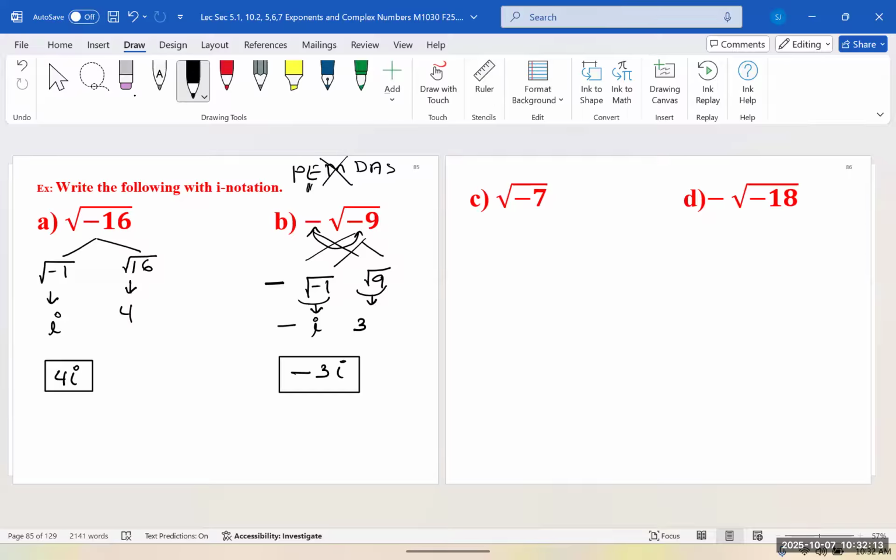Valerie, would you like to help me with C? Okay. So -1, +7, that gives us I square root of 7. So for MyMATLAB, it wants you to write the I first before your radical.